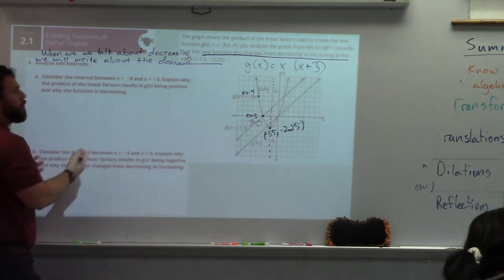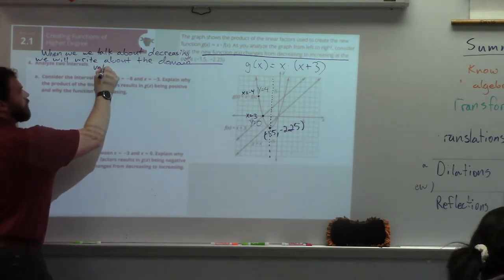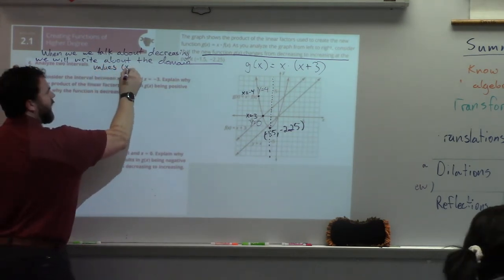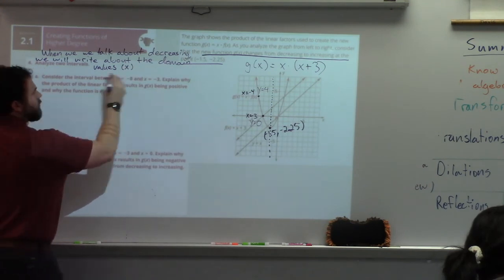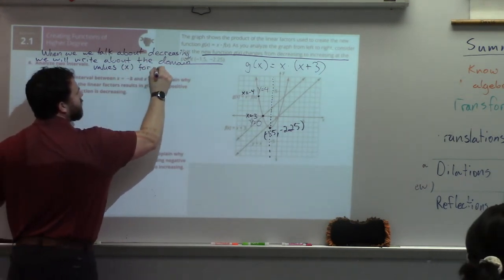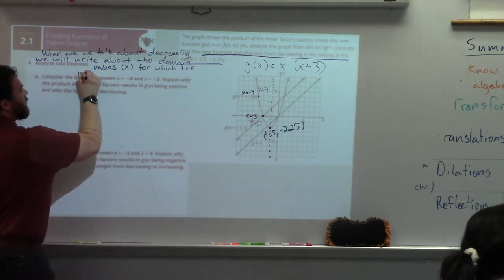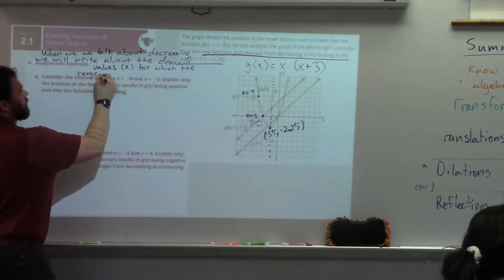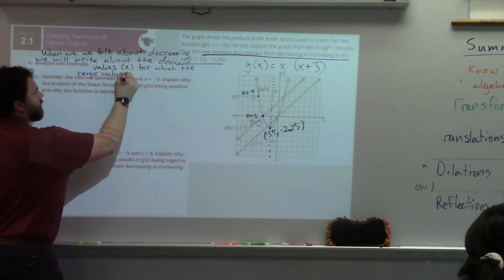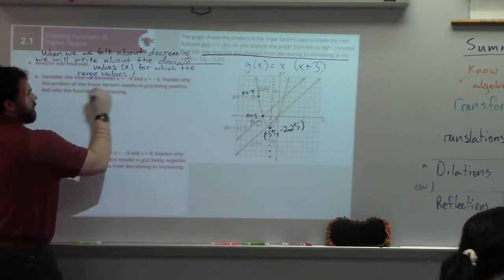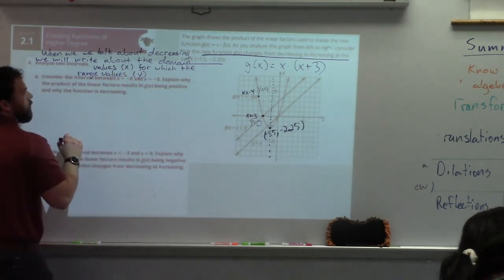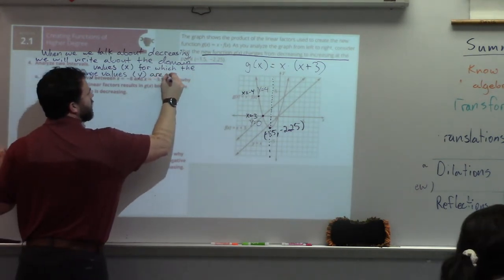By the way, domain, which variable is domain? Yes, x, right? So the x values for which the range values are decreasing.